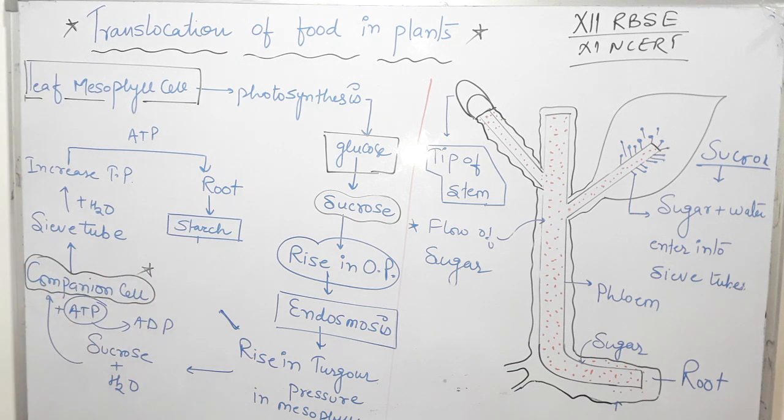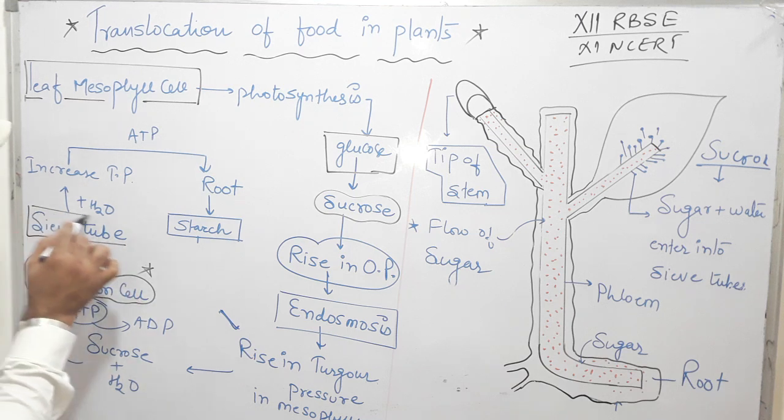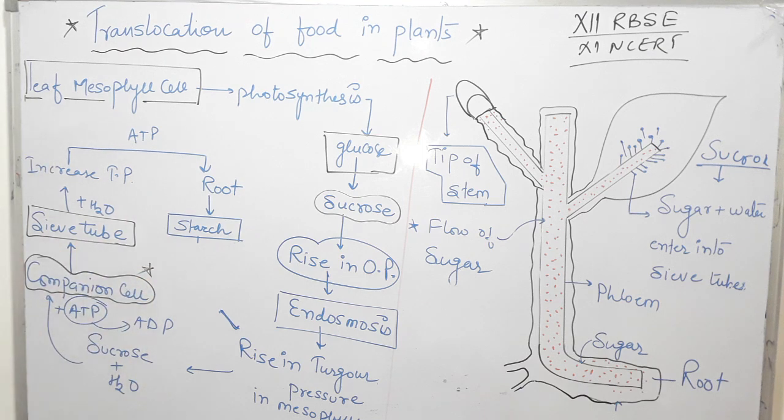Now the companion cell is loaded with sucrose and water, and then the same reaction takes place from the companion cell to the sieve tubes with the help of ATP. Now it is also loading of sucrose into the sieve tubes.